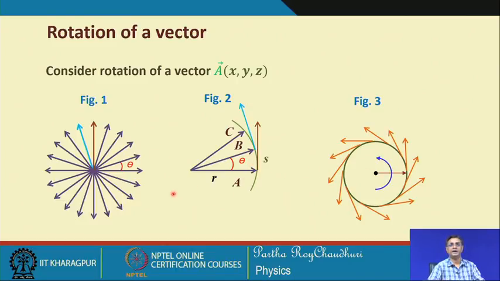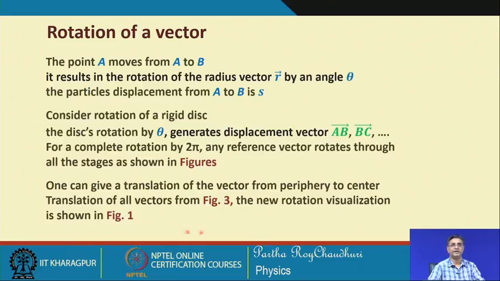These two are identical situations. So, all the vectors can be picked up and placed at the periphery, and they will look like this. So, this is the rotation of the vector.